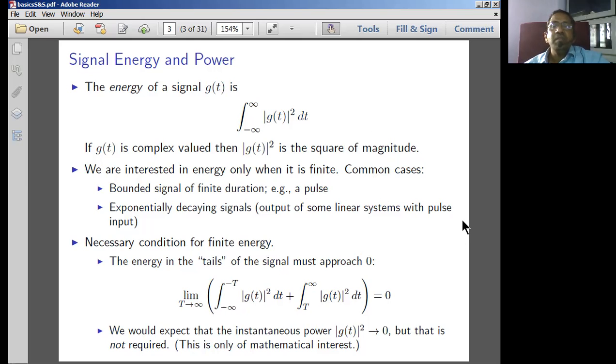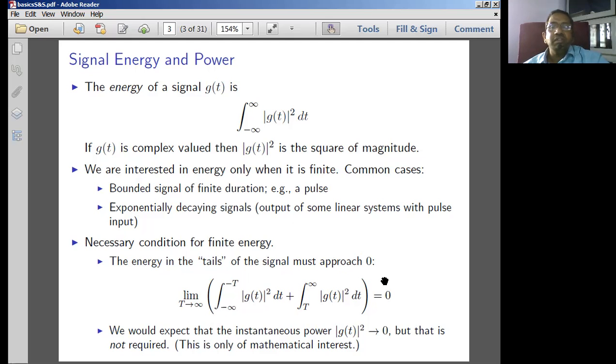That means, see here, if we take the entire limits, how can I represent this? g of t squared, integrated over the limits minus infinity to minus T plus T to infinity, means what? The entire signal is represented over the entire range under consideration, minus infinity to plus infinity.